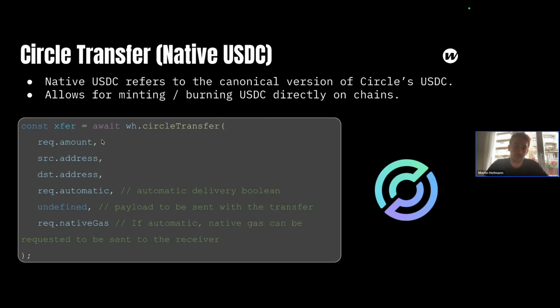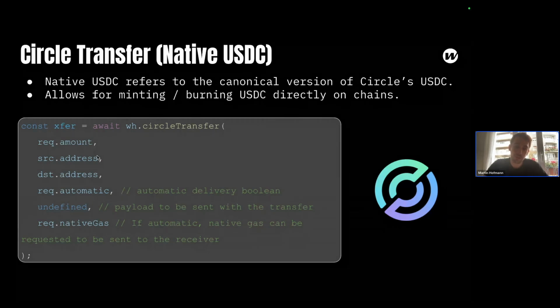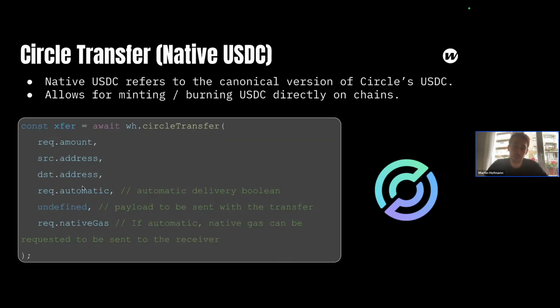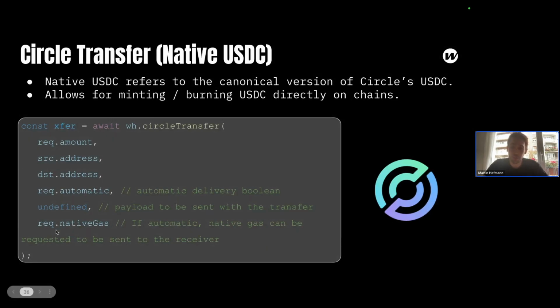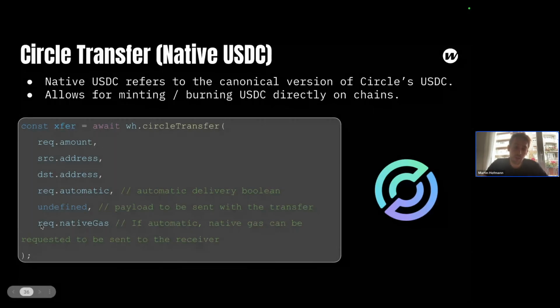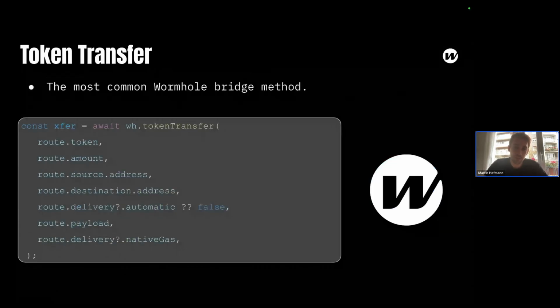You need to specify the amount that you want to send, the address on the source chain, the address on the destination chain, if you want it to be an automatic transaction, if you want to have a payload, which in this case is going to be undefined, and the native gas. If you need it on the destination chain, you can specify how much you want to send. What's the difference between this and the normal standard transfer that we just shared on the previous slide?